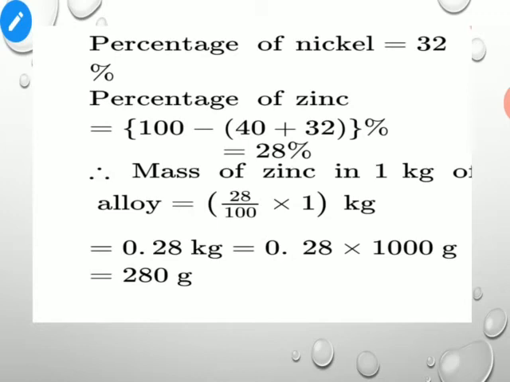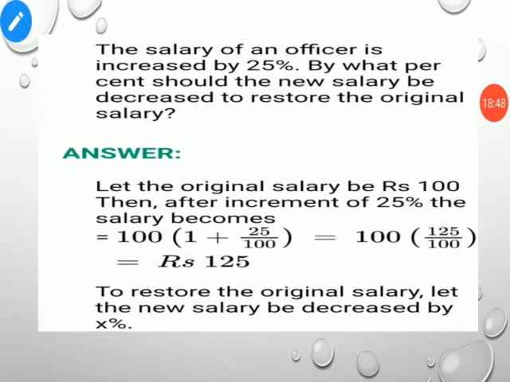So 28 upon 100 into 1 kg gives you 0.28 kg. Now convert kg into gram. So it will be 280 grams. So the weight of zinc in 1 kg of alloy is 280 gram.